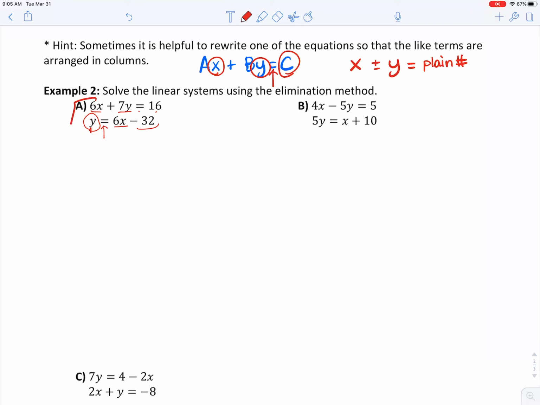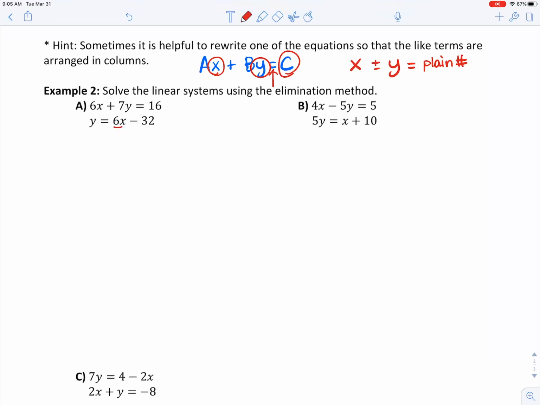So we can't just add or subtract these two, because I can't take 6x and add or subtract the y. They don't look the same. And then I have an equals here, but I don't have an equals there, so it's all not in the right order. Okay, so what we do need to do is rearrange that bottom equation.